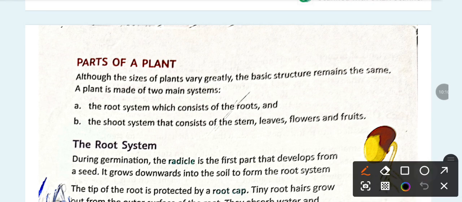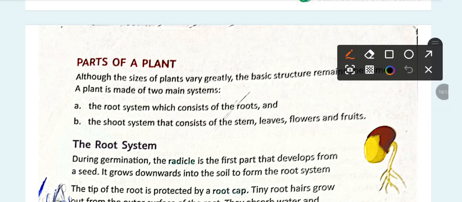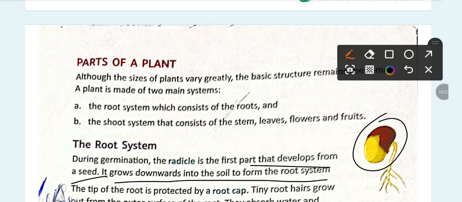Do you know where the radicle is? This thing over here is called a radicle, and this is the first to develop from a seed. It grows downwards into the soil to form the root system. First it's like that when you plant it in the soil, and then it goes downwards so that the root system can form properly over here.